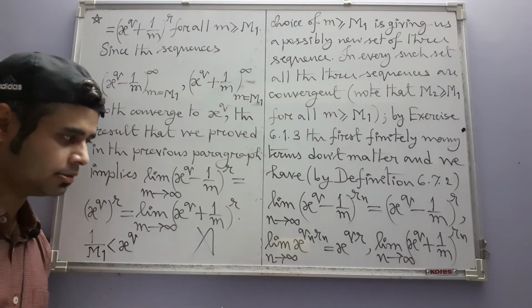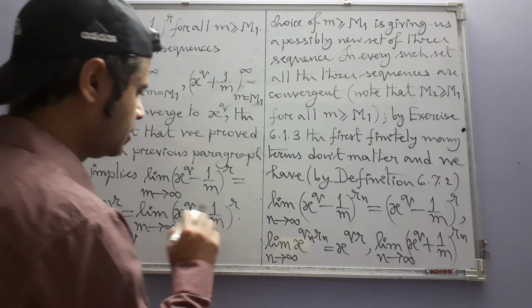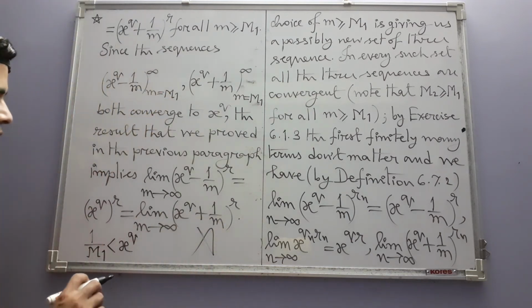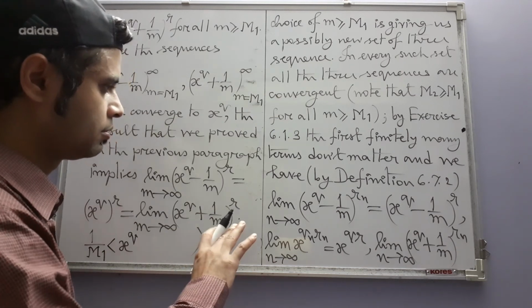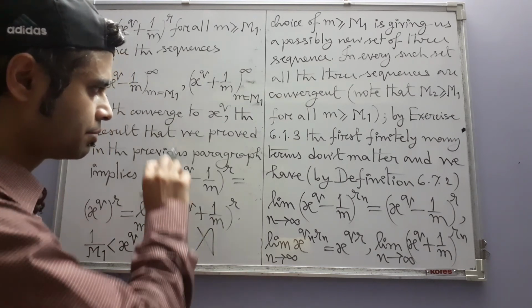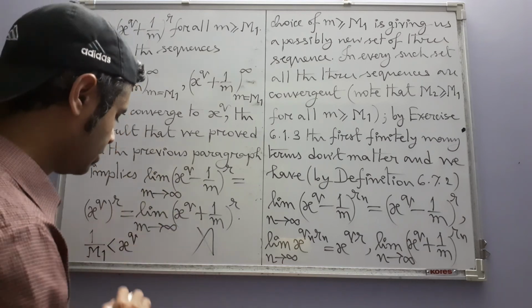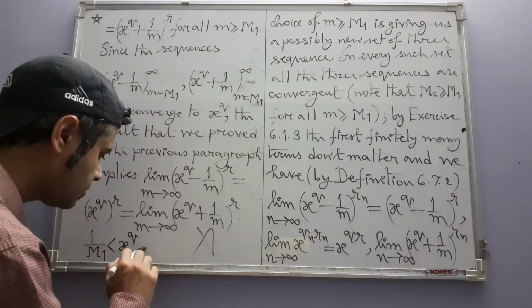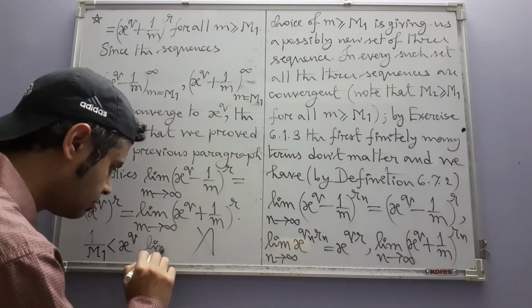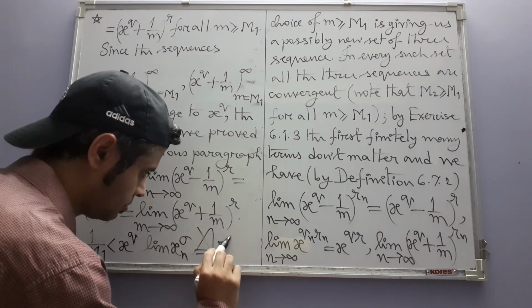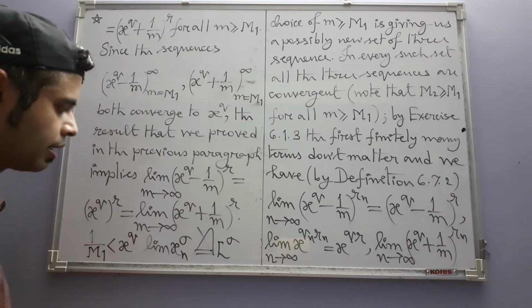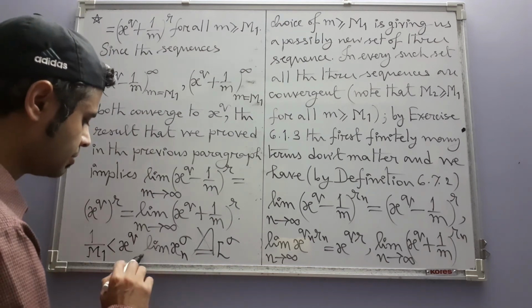What I have to do is to prove a result analogous to the one that we proved in the previous paragraph. Namely, now our sigma needs to be a real number, not just a rational number.